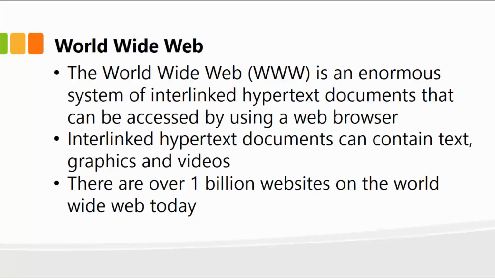These interlinked hypertext documents can contain text, graphics, and videos. There are over 1 billion websites on the World Wide Web today. That's a large number. Everyone seems to be having a space on this World Wide Web.